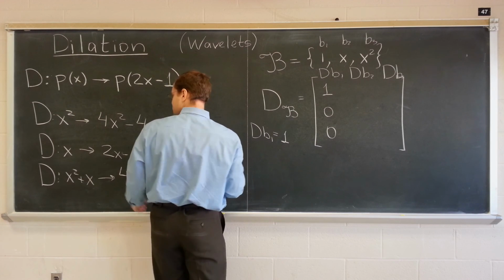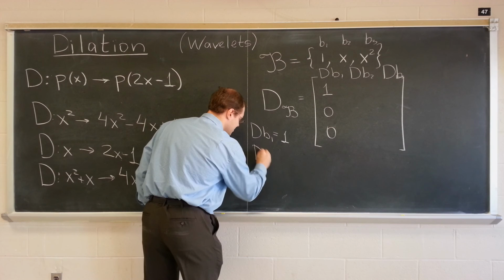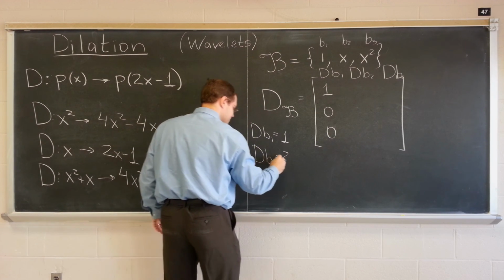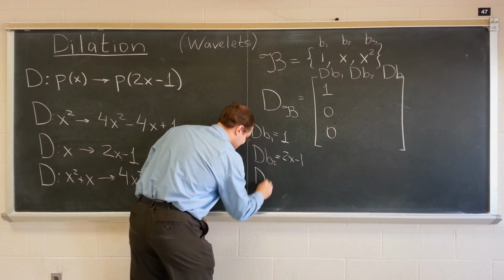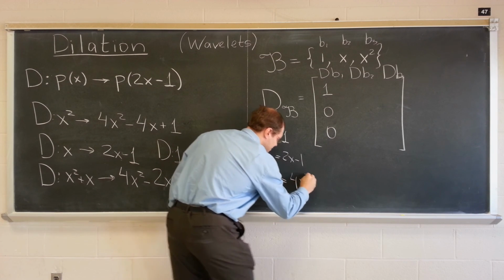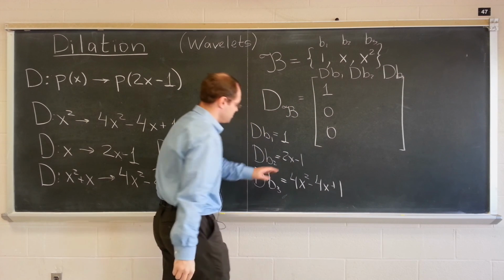Okay, x. Do we have x? Okay, so I'll just refer to this. So d of b2 is, well, actually we have all of them. I'm just duplicating my efforts. And d of b3 is 4x squared minus 4x plus 1. So let's just put these numbers in.